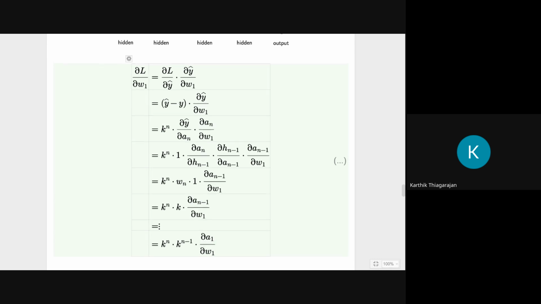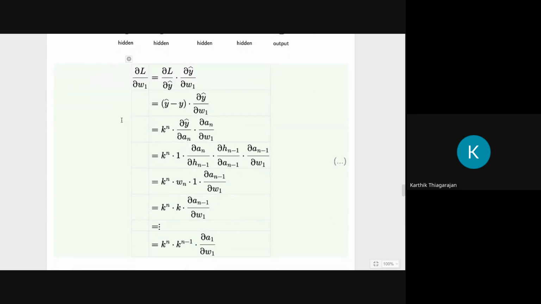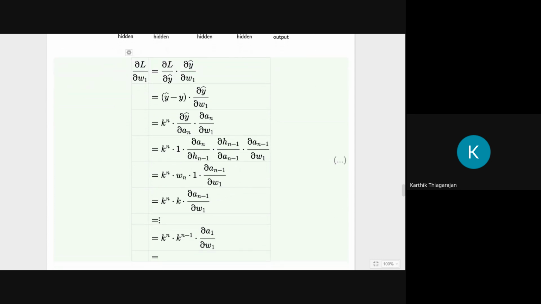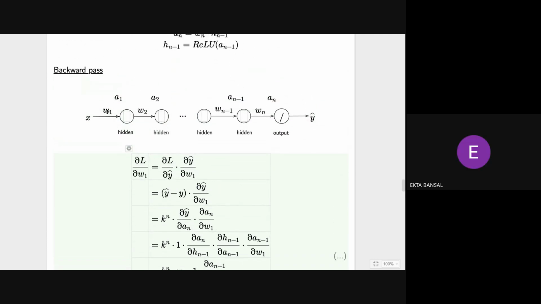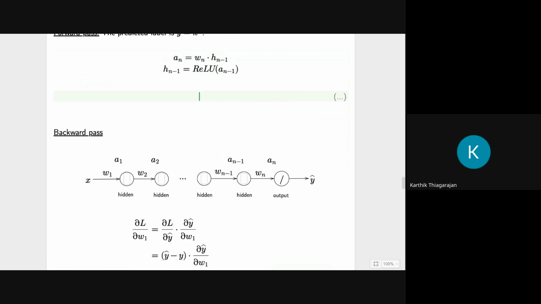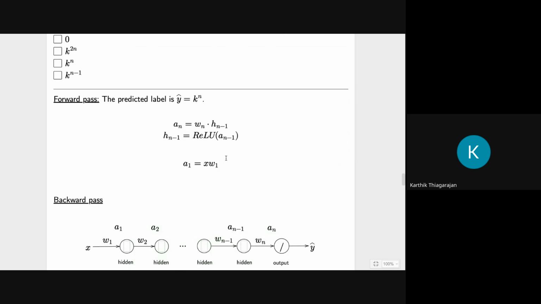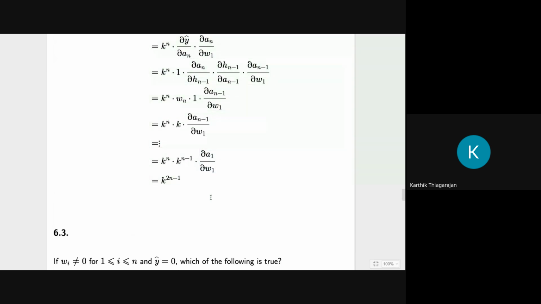Is this clear to everyone so far? Yes, sir. Okay, so what is dou A1 by dou W1? What is A1? It is x into W1. So dou A1 by dou W1 is just x. In this case, x is 1. Therefore, you are left with k power 2n minus 1.